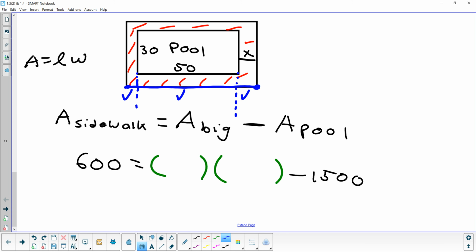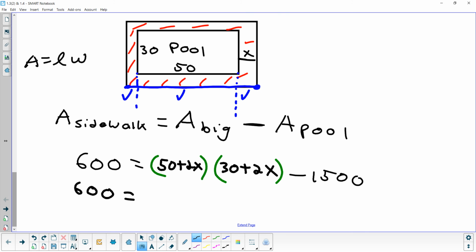Good. 50 plus 2x. That's the length of the rectangle. And the width, it's the same idea. It's 30 plus x plus x. So 30 plus 2x. There we go. Any questions on that? Okay, so let's do this out and see what we get.